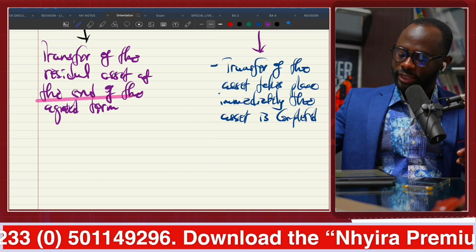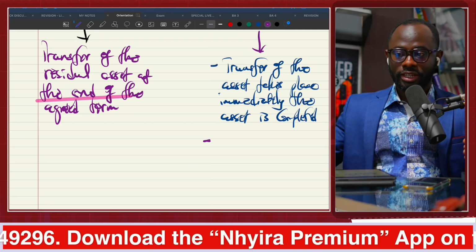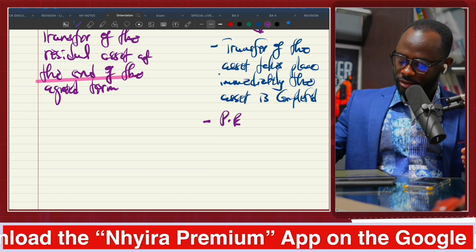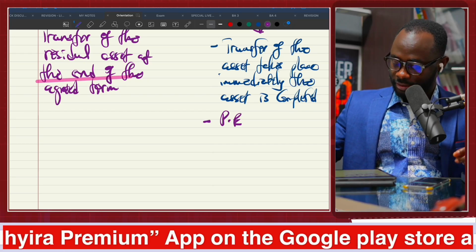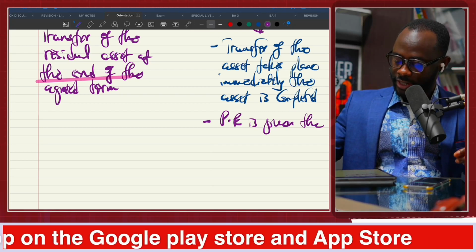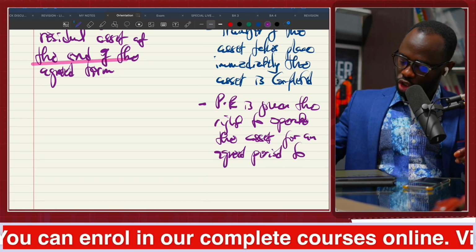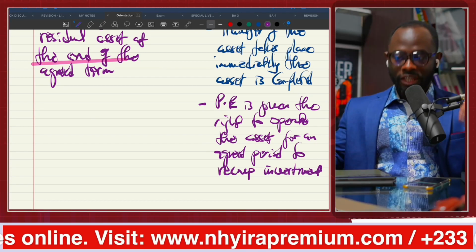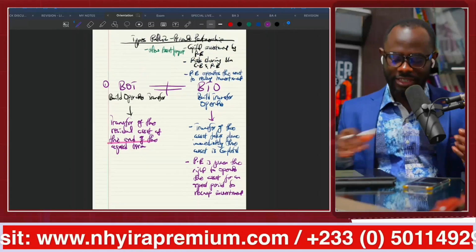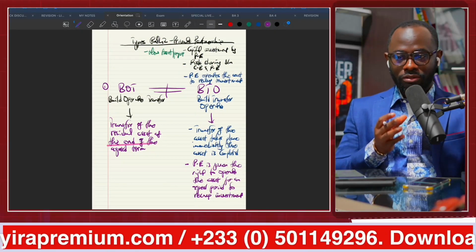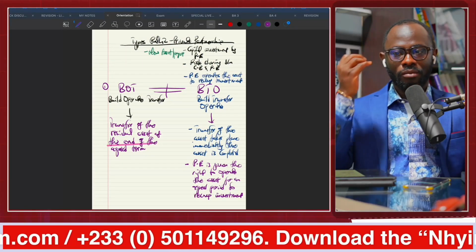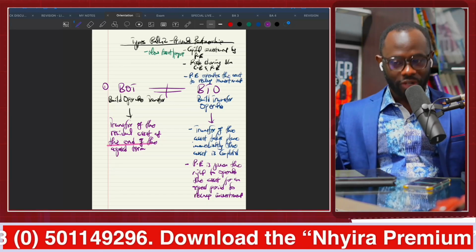All right. Then the private sector entity is given the right to operate the asset for an agreed period to recoup their investment. That is the idea about build, operate, transfer, and build, transfer, operate.